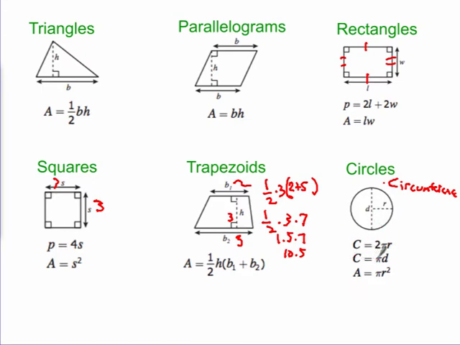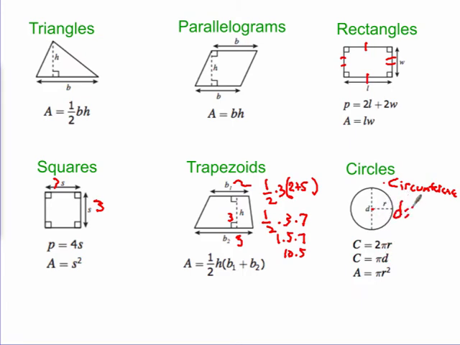And the formula is 2 times pi times the radius. The radius is the distance from the center of a circle to its edge. Okay, so it's 2 times pi times the radius. Or the other way of thinking of it is pi times the diameter. And the diameter is just the distance from one side of the circle to the other passing through the center. And diameter is 2 times the radius.